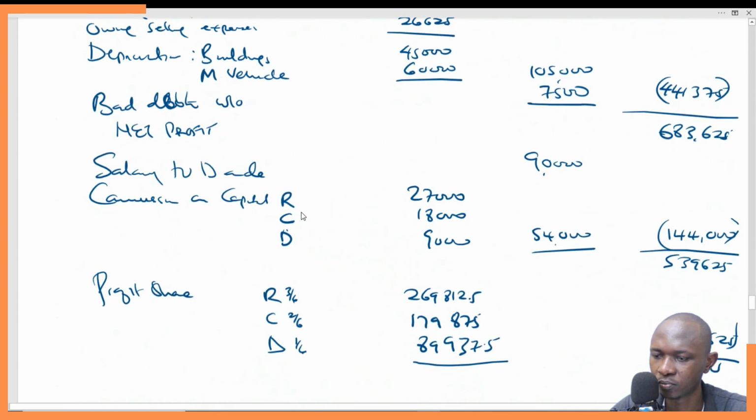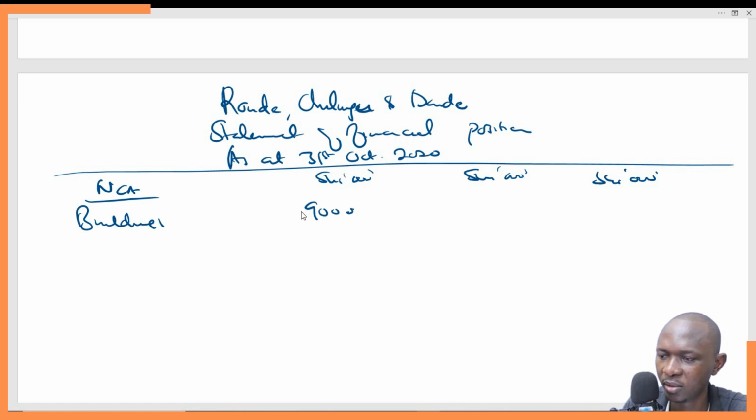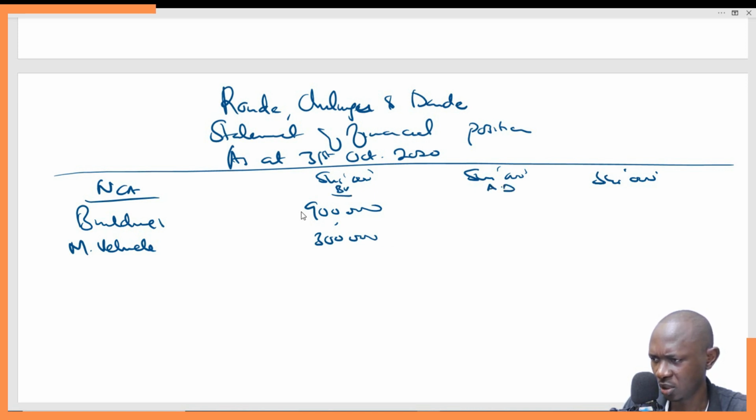So buildings 900,000. Motor vehicle, 300,000. And these are their book values. Then you have accumulated depreciation, and you have the net book values. So let's get the accumulated depreciation.